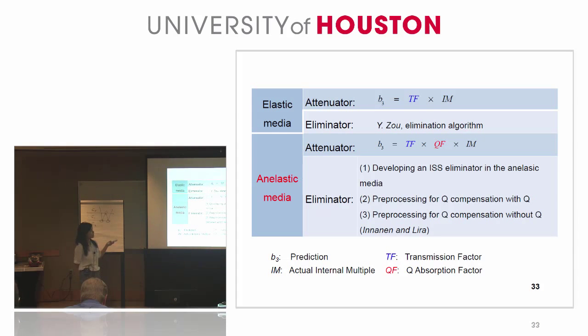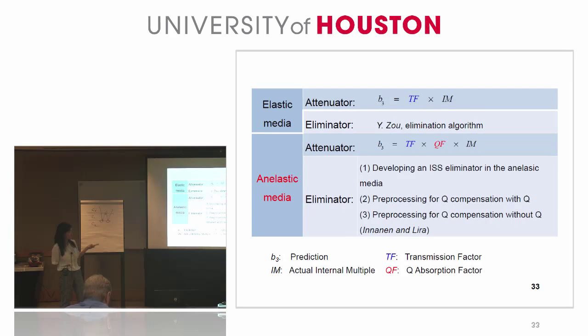The first option is we look inside the inverse scaling series, and develop the elimination algorithm in inelastic media directly. The second option is we can do a set of pre-processing for Q compensation, so we transform the data from the inelastic world to the corresponding data in the elastic world. Then we can apply Yang-Li's elimination algorithm for the elastic media.